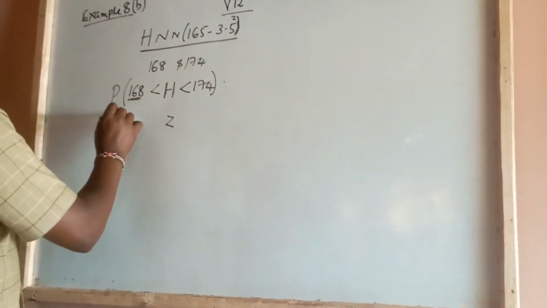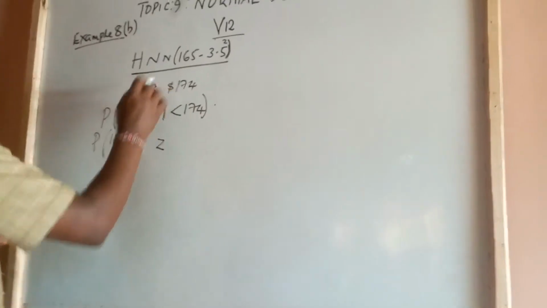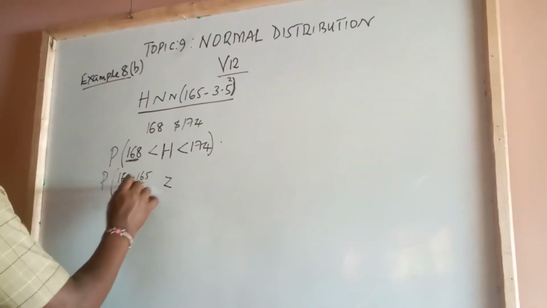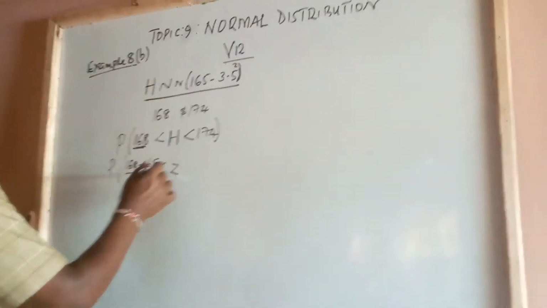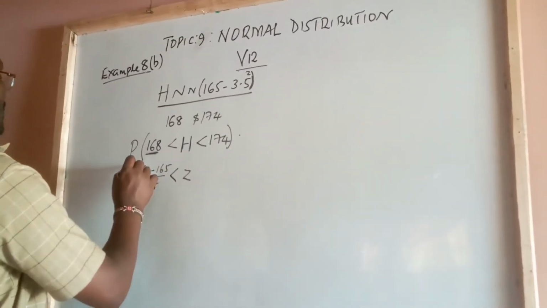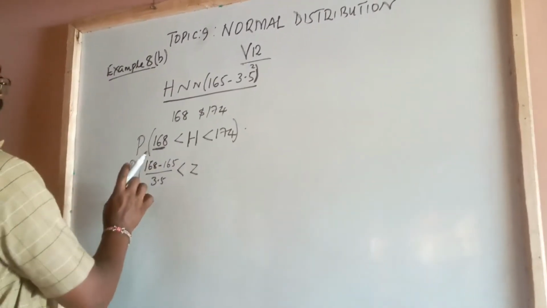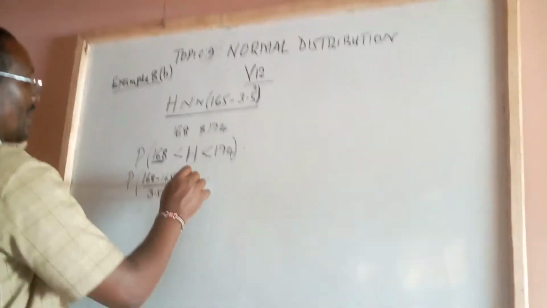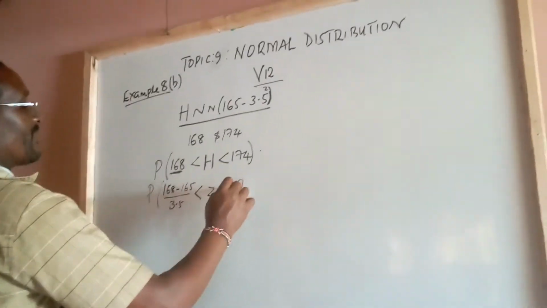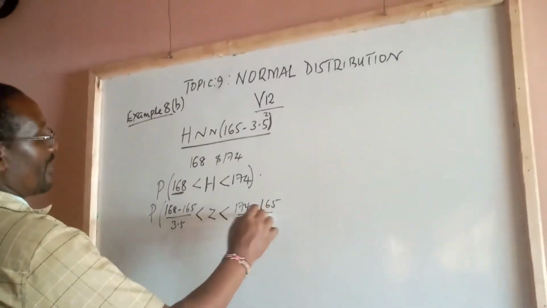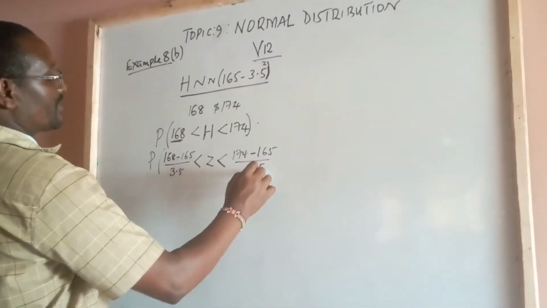So we have 168 minus 165 all over 3.5 less than Z, and Z is less than 174 minus 165 all over 3.5.